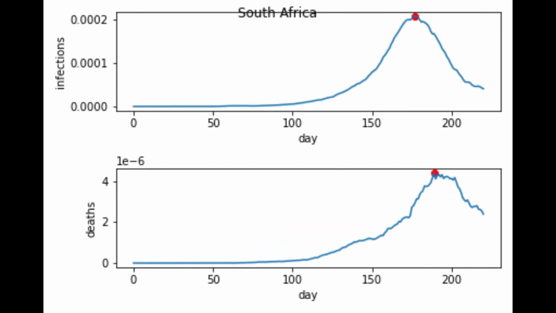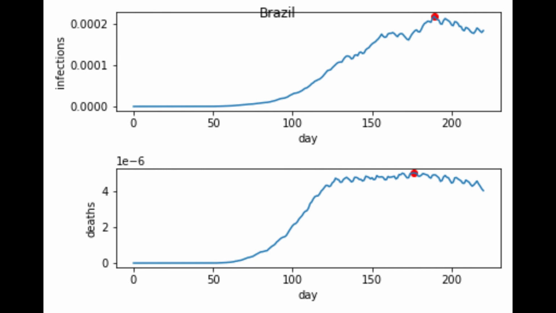A comparable situation, more or less, is South Africa, where the local maximum on both curves is a bit more articulated than in the case of Russia. A more extreme form of that pattern we see in Brazil. So Brazil is kind of building a high plateau, or very slowly declining plateau, on infections and especially deaths.